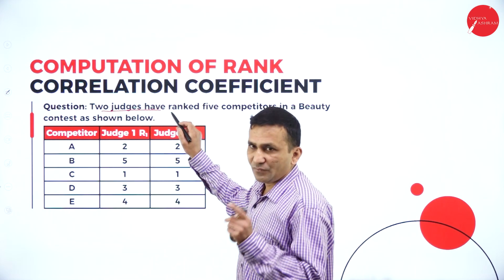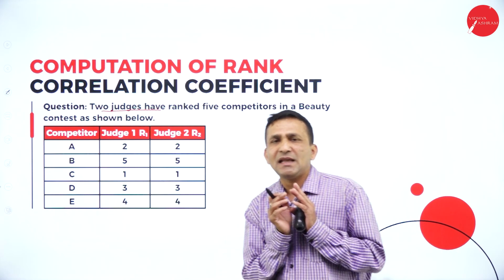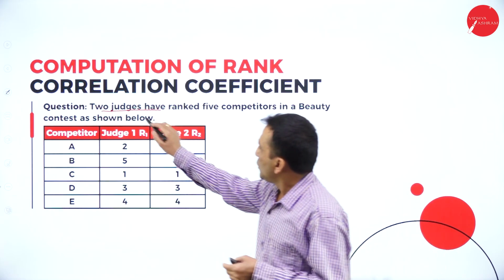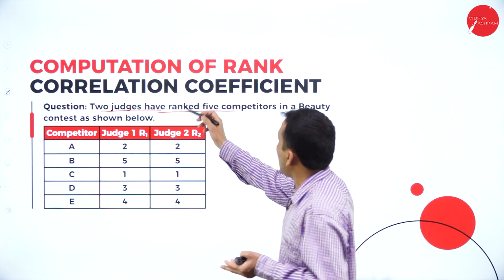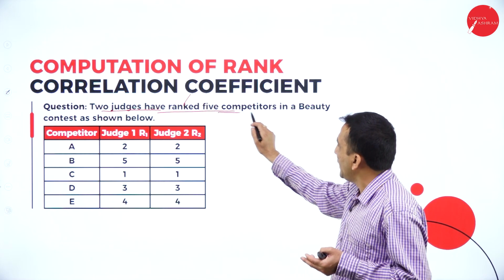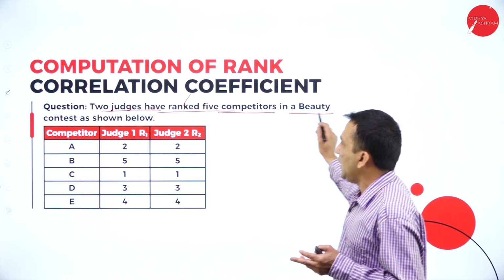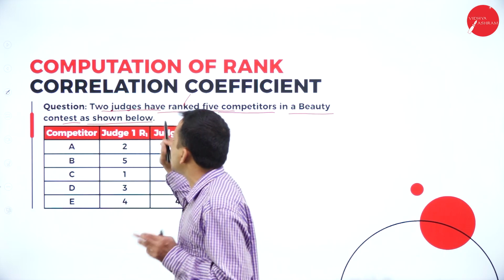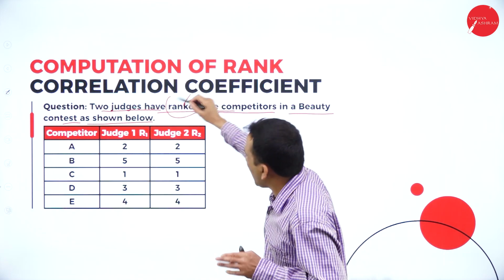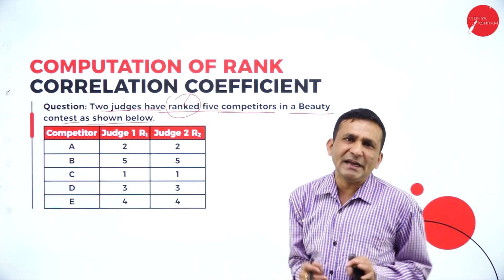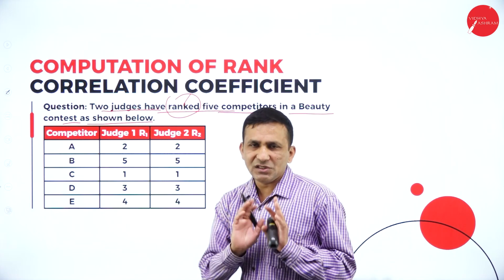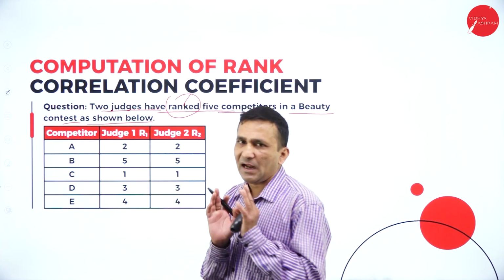Two judges are ranking. Two judges have ranked 5 competitors in a beauty contest as below. They are already ranked, so we do not need to do any ranking; the data given by the judges is already ranked.